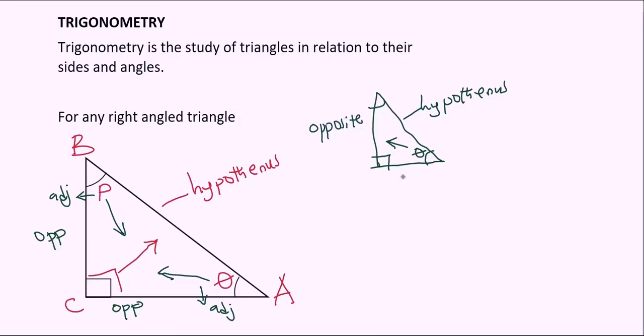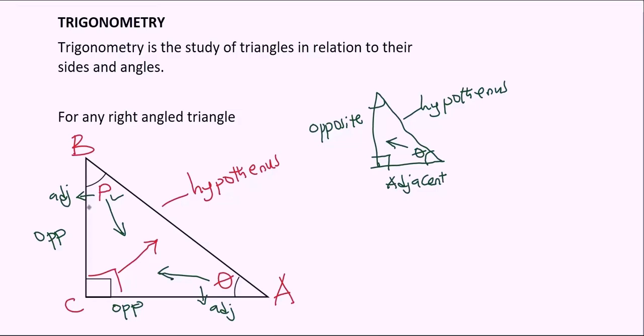And the other side happens to be the adjacent. So these are the three key parts of a triangle we need to take note of. But in this situation where we had P, we know that opposite P becomes the opposite. And opposite theta is the opposite, while the adjacent for P is the other leg.